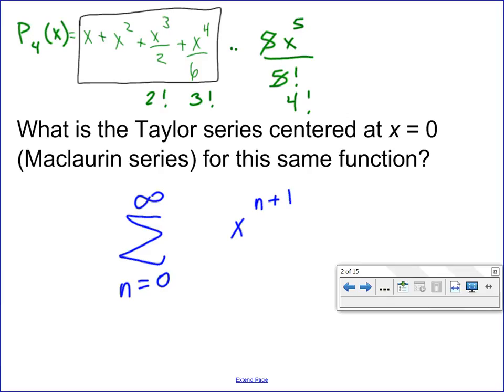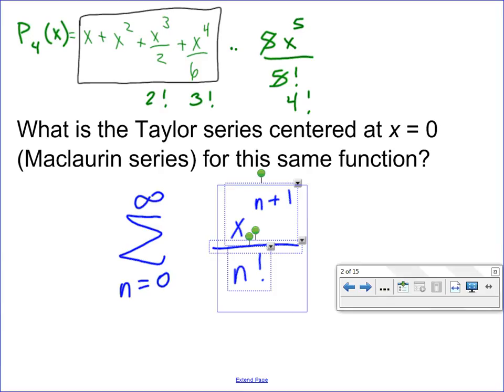But I need to divide by n factorial. Would that work? When n is 2, I get x to the 3rd over 2 factorial. When n is 3, I get x to the 4th over 3 factorial. When n is 4, I get x to the 5th over 4 factorial.